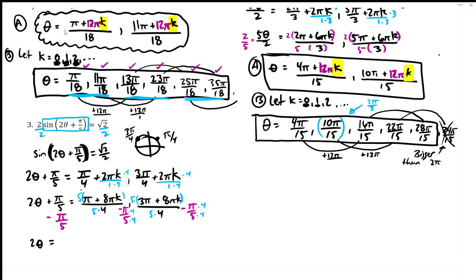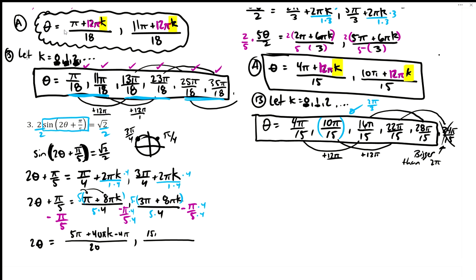Okay, so we're going to do a couple steps in one here. So this 5 distributes. Let's get a big fraction going. So we'd have 5 pi plus 40 pi k minus 4 pi. So that pi and that 4 were minused. And then the common denominator is 20. And then comma, again, that blue 5 distributes.